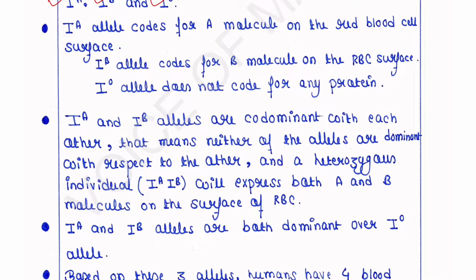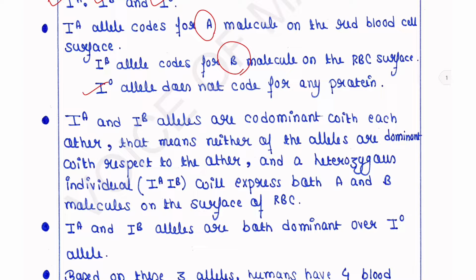IA allele codes for A molecule, a protein on the red blood cell surface. IB allele codes for B molecule or B protein on the RBC surface. IO allele does not code for any protein.